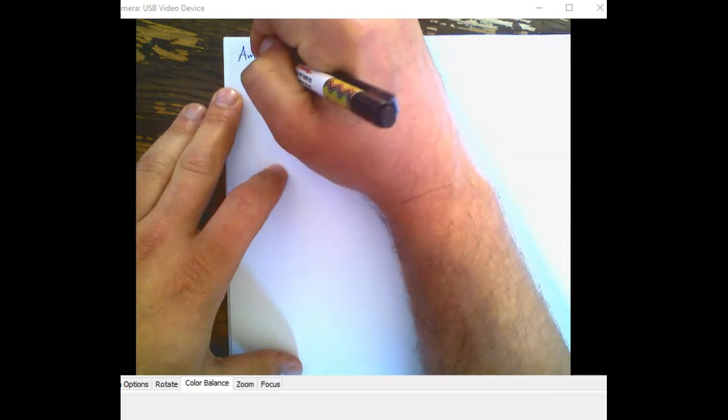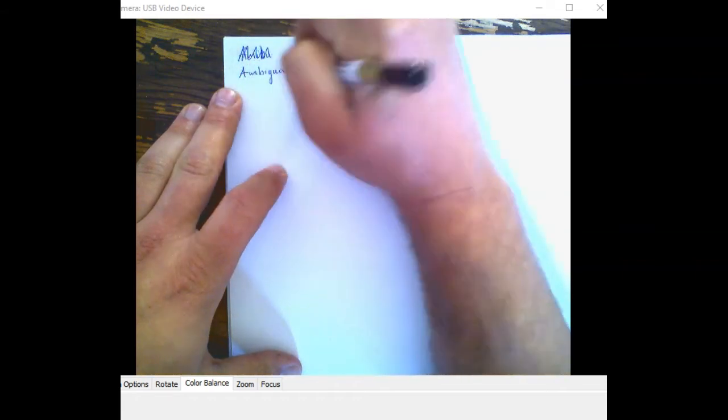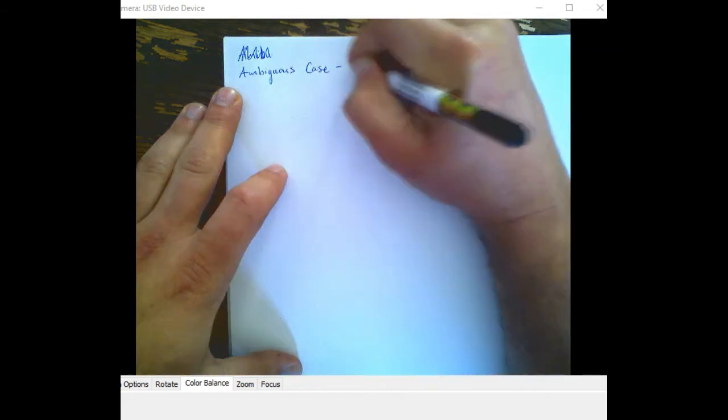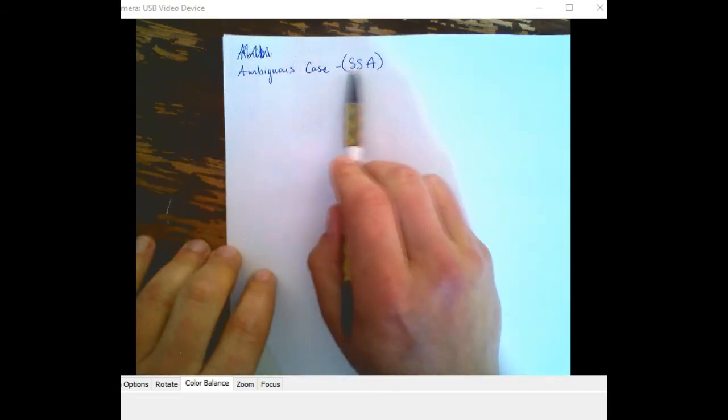All right, so this is the ambiguous case. That's the side-side angle case. Okay? So if we know only one of the angles, then we have options for the other two. And it's dependent upon these sides.